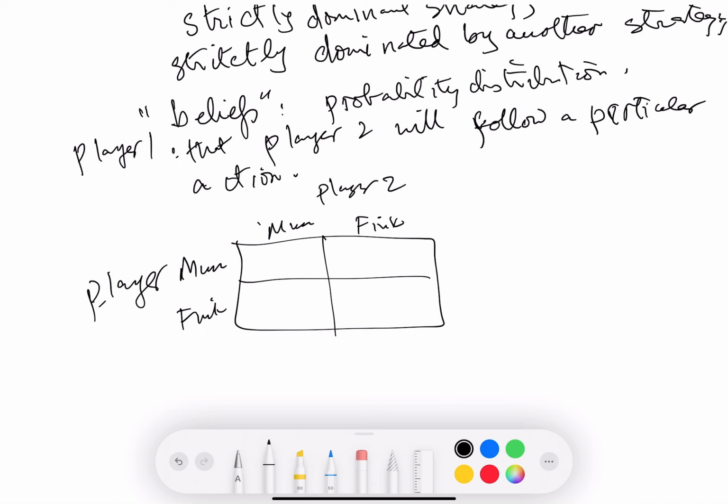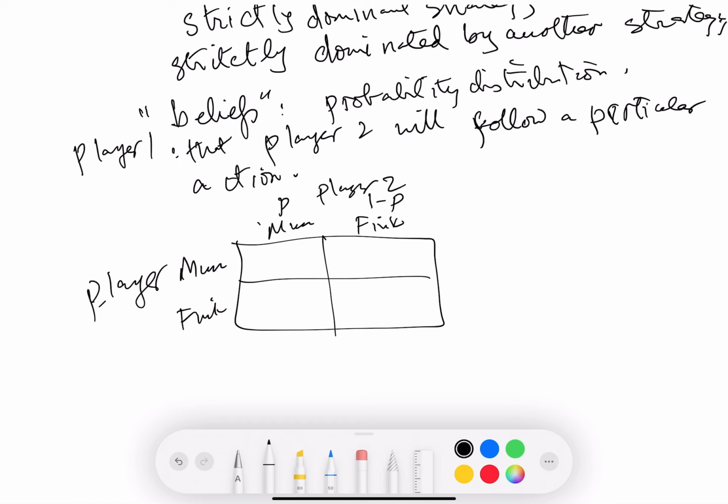So a belief is a probability distribution. Now it's only a 2-point distribution, so it's pretty simple. I can put a probability P that player 2 will play mum, or player 2 will play think. So it has to be P plus 1 minus P. The probabilities have to sum to 1.